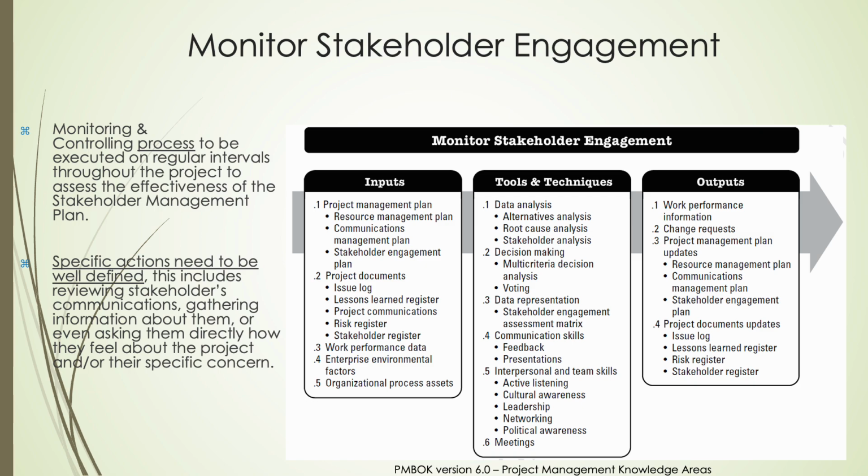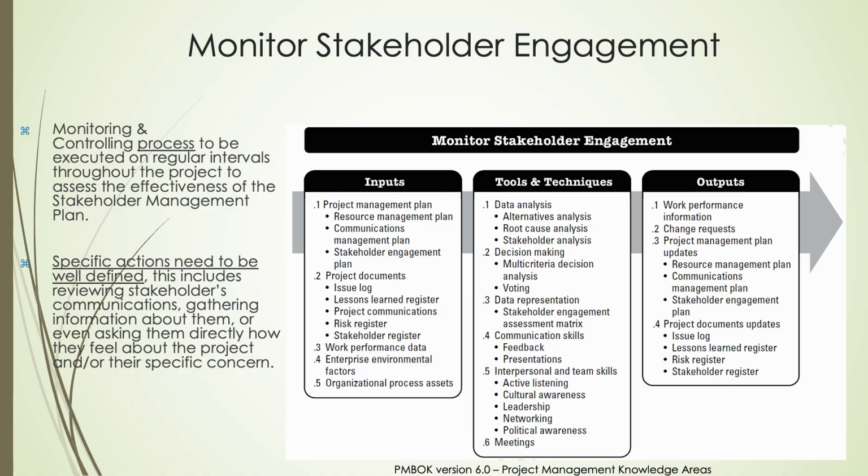Complementing this, RACI matrices for general project functions and project initiation phases establish clear lines of responsibility, accountability, consultation, and information sharing across key activities. Together, these frameworks promote efficiency, clarity, and alignment across diverse stakeholder groups.